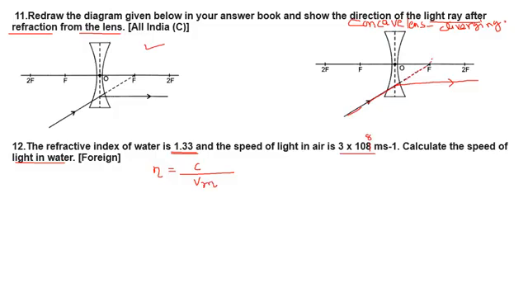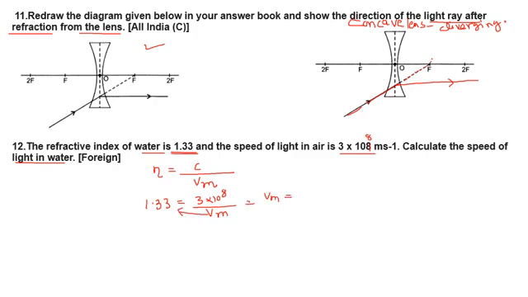We know the refractive index of water, so I am going to keep 1.33 here. The speed of light is 3 into 10 to the power 8 divided by the speed of light in the medium. The medium is water, so Vm we have to find out.